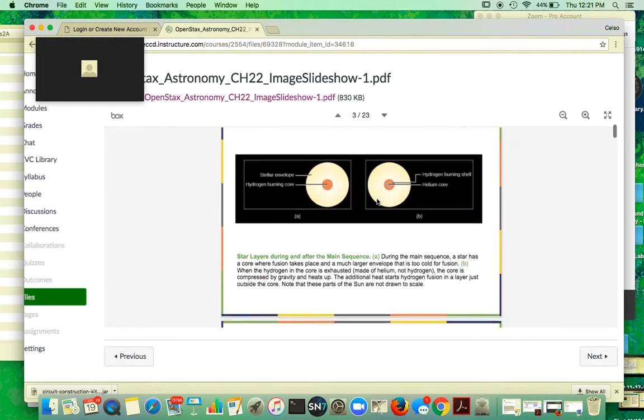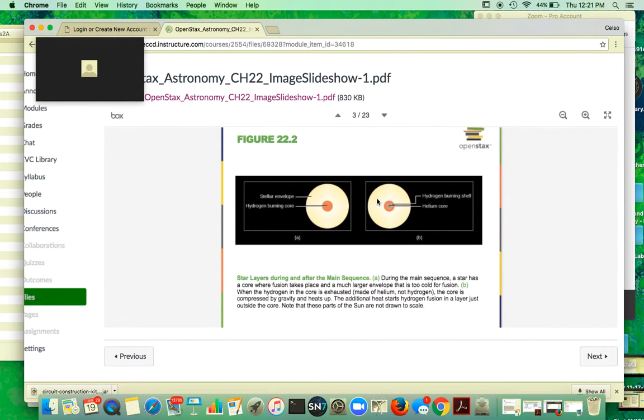Now, eventually the core becomes so hot that, as I mentioned before, helium fusion reactions take place. It's called the triple alpha process. And these helium fusion reactions will give rise to carbon and oxygen, so other atoms.